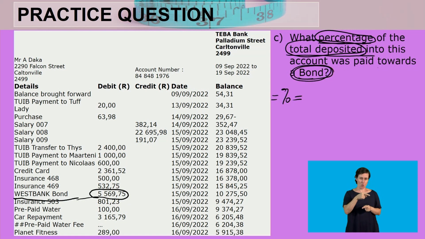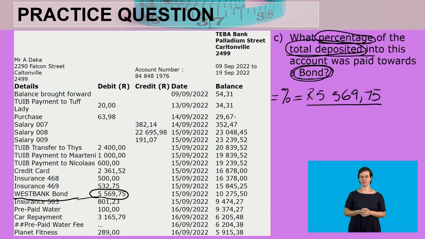So the amount that was paid towards the bond is 5,569 rand 75. So remember, you place your smallest value as your numerator and your denominator can be the biggest value. You don't place the biggest value on top of the smallest value.